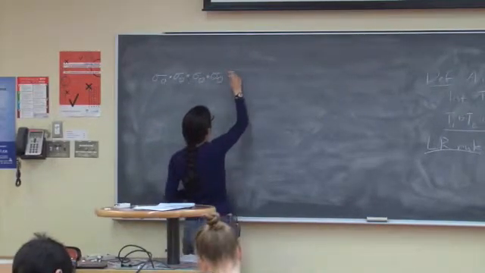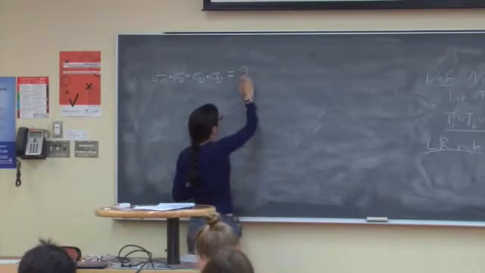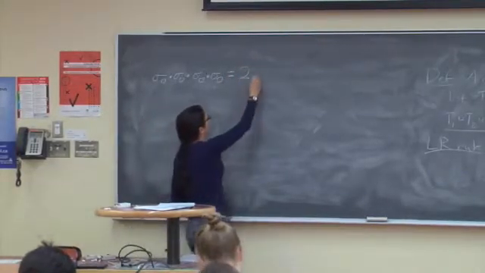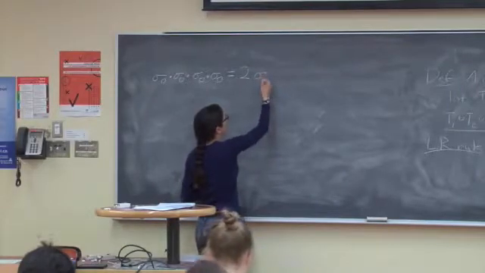And we want to show this is 2 points, right? So we want to show this is 2 times sigma of the whole box.